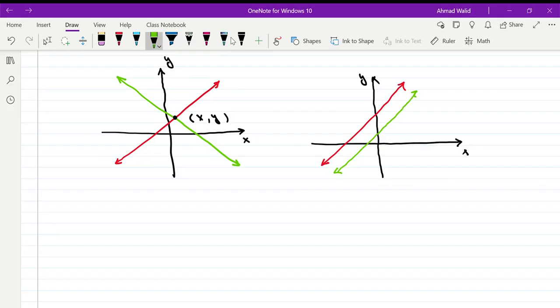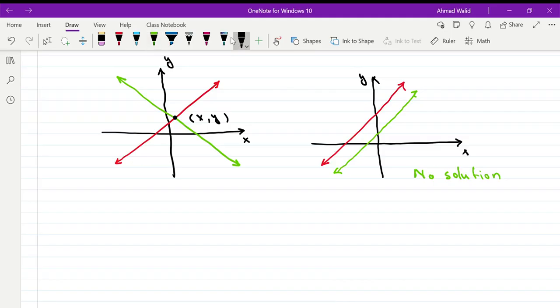Correct? In this case, your system has no solution because the lines cannot meet each other or cannot intersect each other, correct? Then parallel lines means no solution.